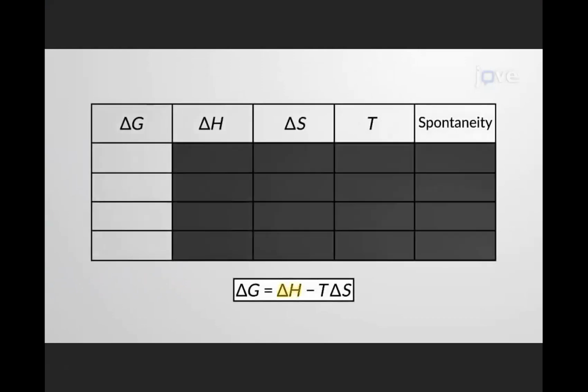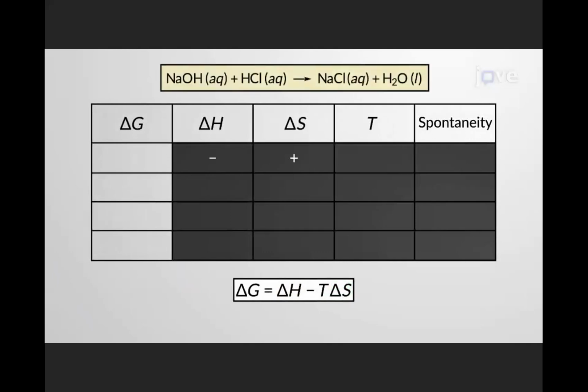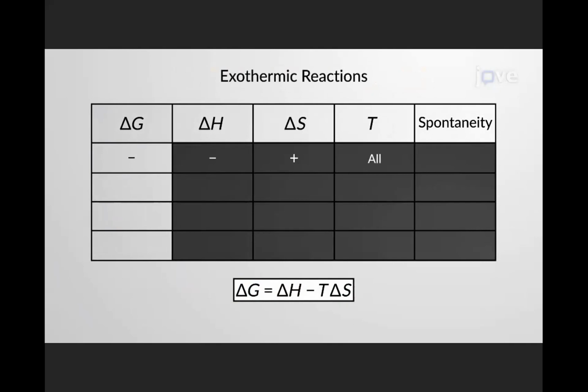If delta H is negative and delta S is positive, as in the reaction between sodium hydroxide and hydrochloric acid, delta G is negative at all temperatures. Thus, exothermic reactions, where the entropy of the system increases, are always spontaneous.